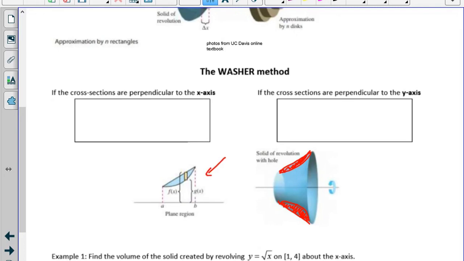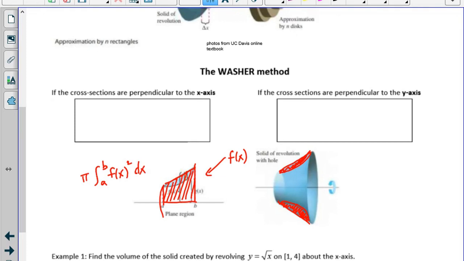Before we write things in the box, I'm going to talk about what's actually happening in this particular problem. In this particular problem, when I rotate this, what I'm actually doing is I'm rotating this entire thing, which is going to be a radius of f of x. So that is pi times the integral from a to b of f of x squared dx.